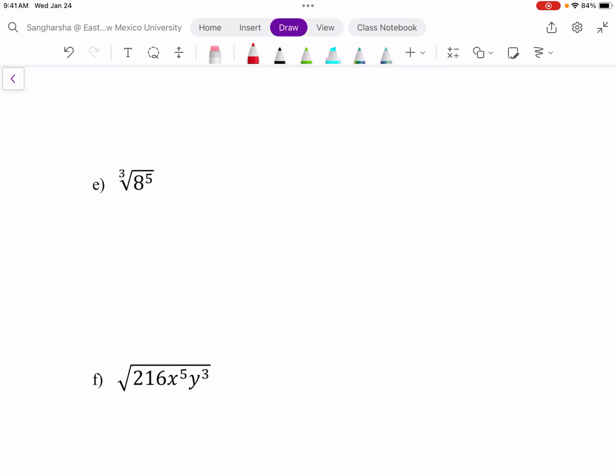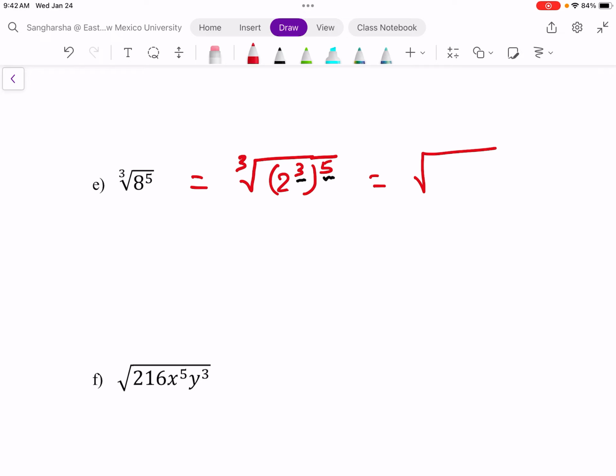Now here we have the cube root of 8 to the power 5. What do we know about 8? We can rewrite 8 as 2 cubed, and we have the 5 power as it is. Now, this 3 and 5, we can switch the place, because 3 times 5 is the same as 5 times 3.